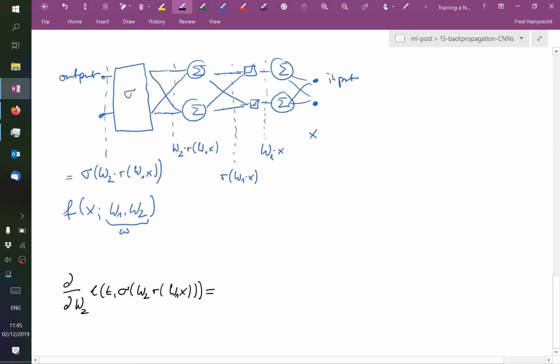And by the chain rule, I cannot do that in one step, but I should first look at dl of, so we should first see how does this change as we change the second argument of L. And then we can say, all right, and the second argument of L, so W2 R of W1x.